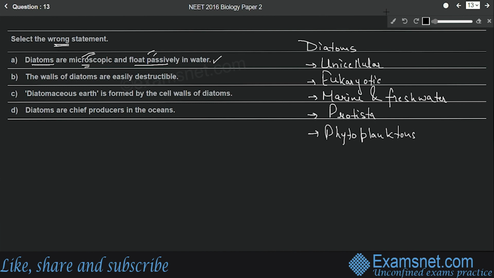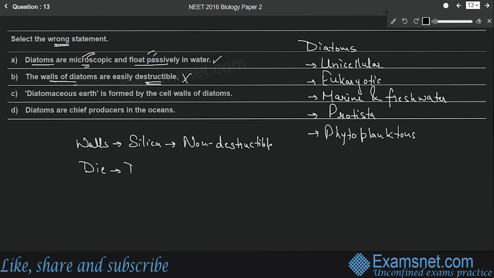Now, the second statement says the walls of diatoms are easily destructible. This is absolutely wrong, because the walls of diatoms are made up of silica along with cellulose, and this is non-destructible in nature. So what happens when they die?